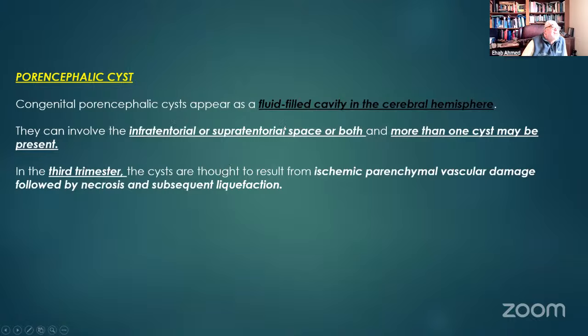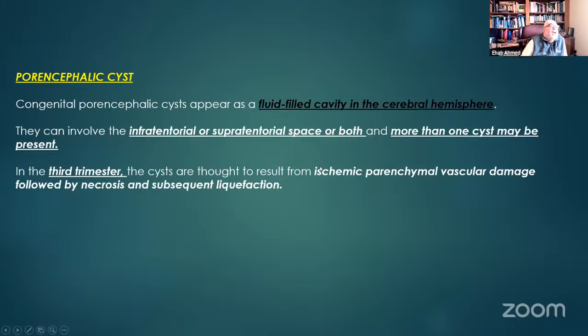Encephaloclastic cyst is also important. It is a fluid-filled cavity in the cerebral hemisphere. It could be anywhere, infratentorial or supratentorial. It could be one or more than one cyst. In the third trimester, these cysts are thought to result from ischemic parenchymal vascular damage.